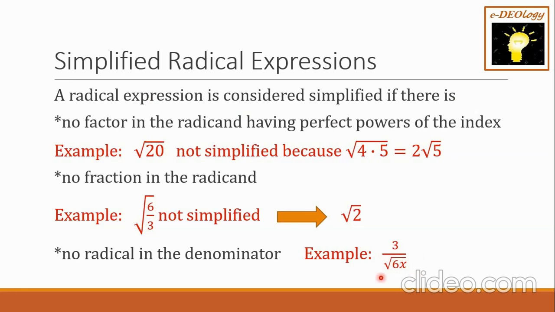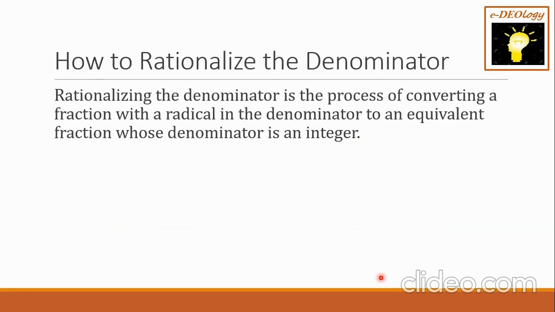And this is the topic of our today's video. How do we rationalize the denominator? Rationalizing the denominator is the process of converting a fraction with a radical in the denominator to an equivalent fraction whose denominator is an integer.